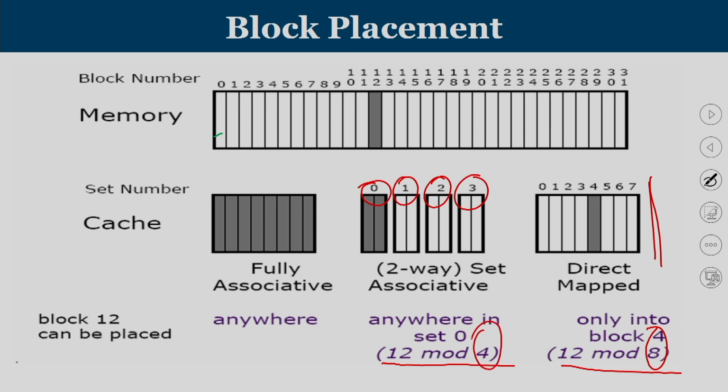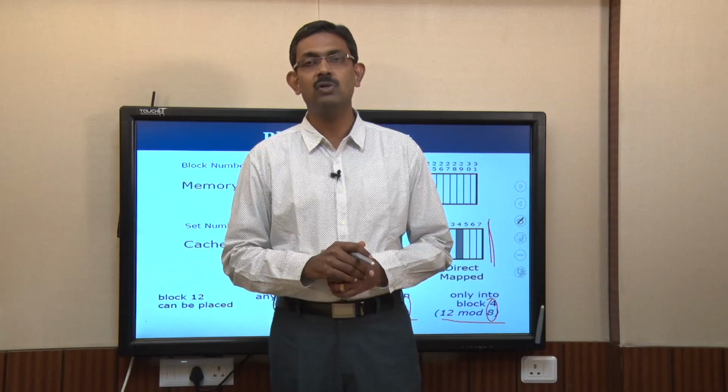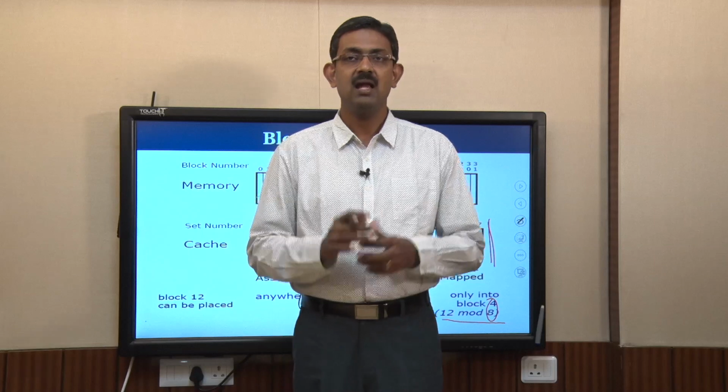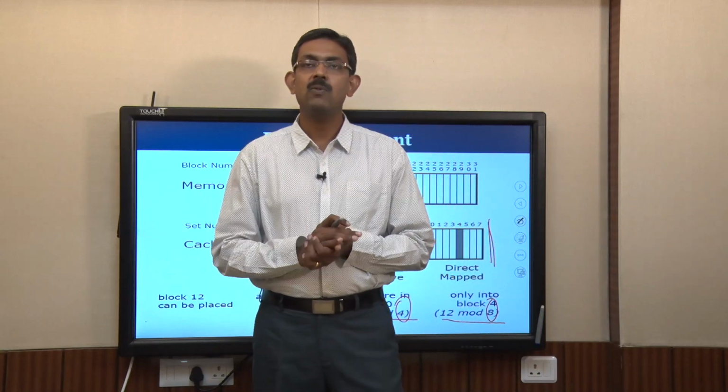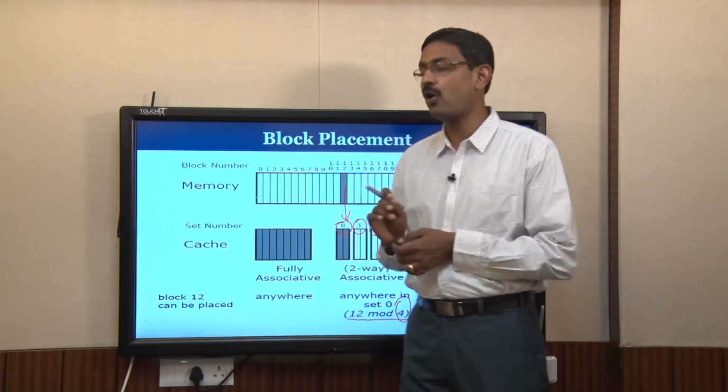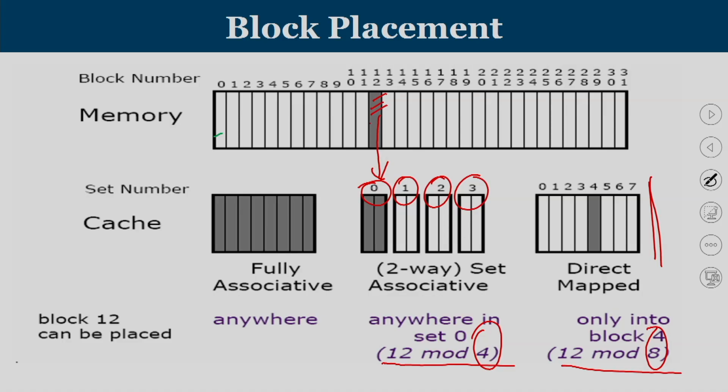Why 4? We have 4 sets. Previously, we had 8 separate sets. Here, we have only 4 sets. So, 12 mod 4 is 0. So, the 12th block will be mapped to set 0 inside your cache memory, and set 0 has 2 lines or 2 blocks in it. So, you are free to keep the contents of block 12 of the main memory in either block in set 0.